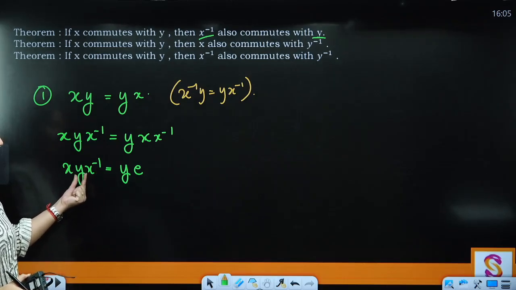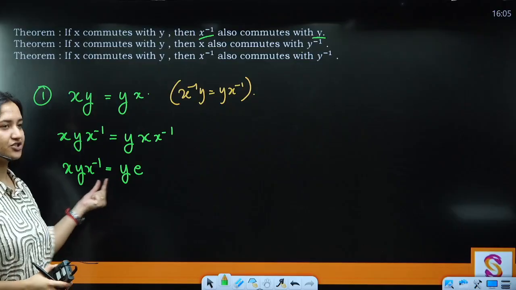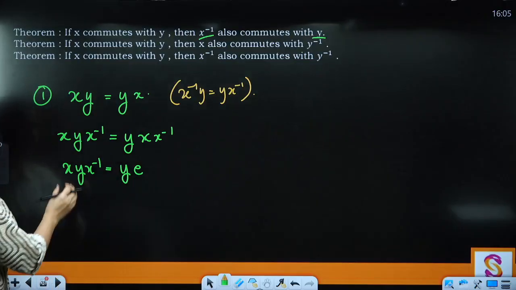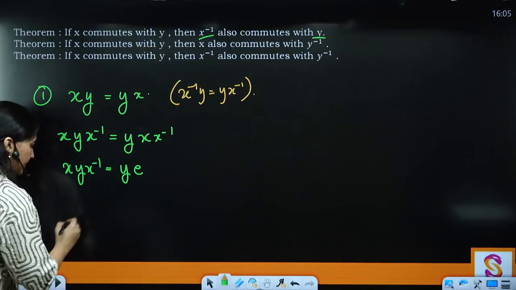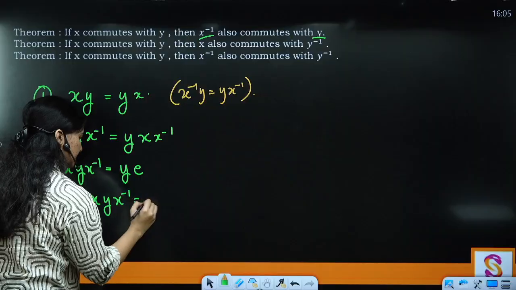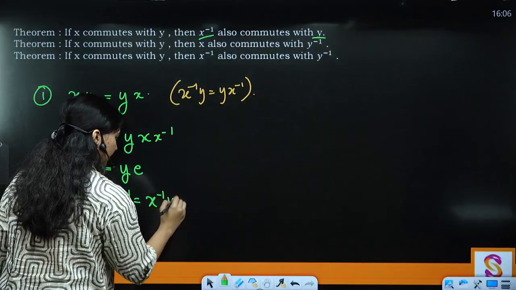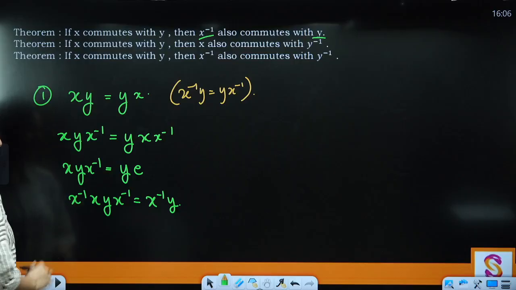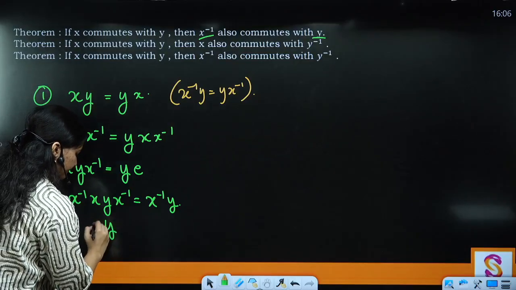Now you need an x inverse on this side, so we will post-multiply by x inverse. So x inverse x y x inverse is equal to, and x inverse x is again going to be e.